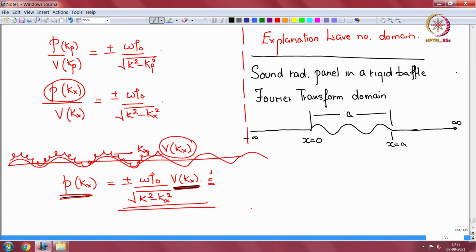So now let us say that the velocity, v tilde, is given by v tilde p sine p pi x by a e to the power of j omega t, and this is between x equal to 0 and x equal to a, and it's 0 elsewhere.